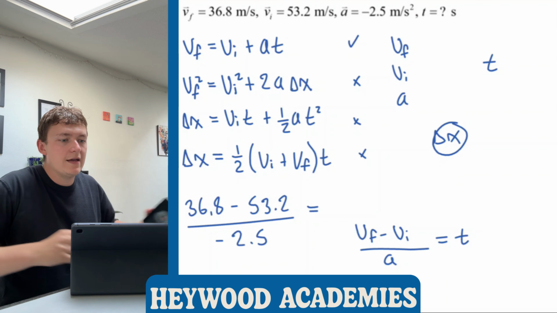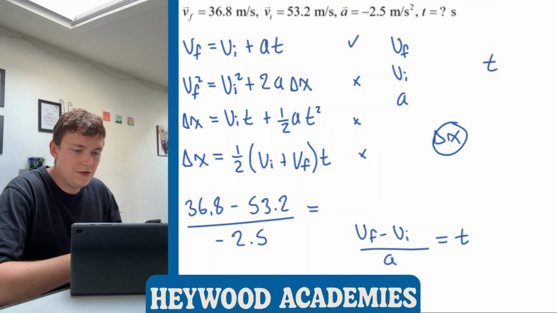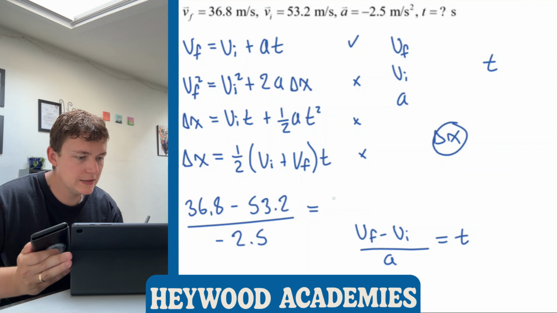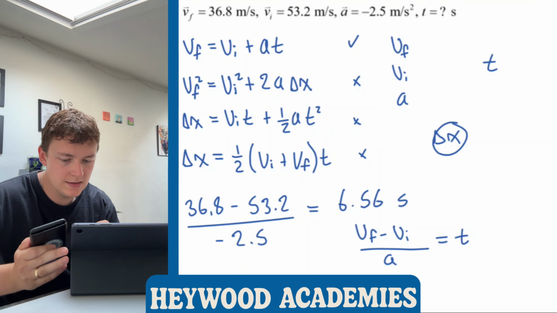Now I'll plug that into my calculator, and that will give us the time that it would take to change our speed like that, given that acceleration. Alright, so I plug that in and I get 6.56 seconds.